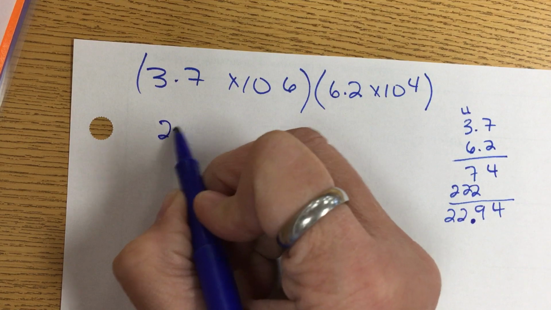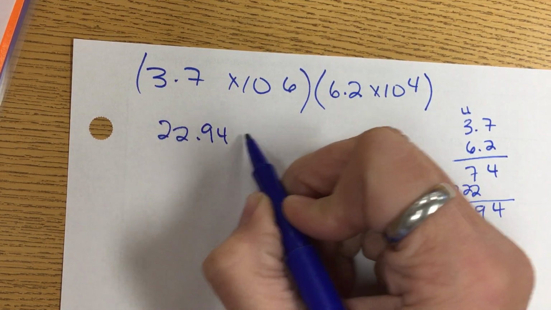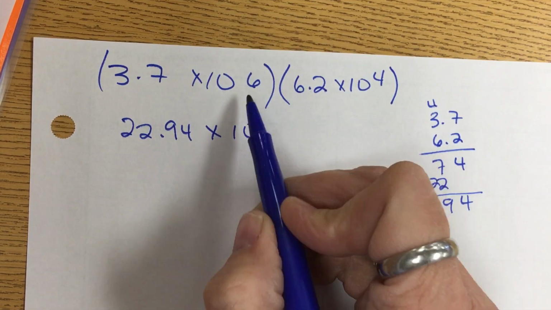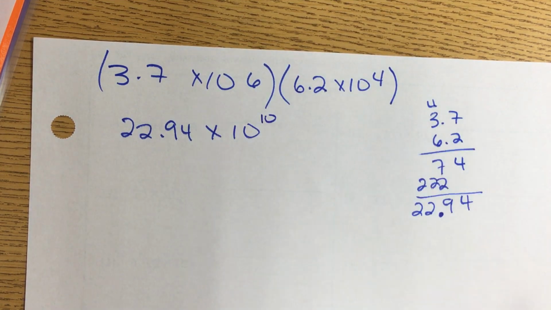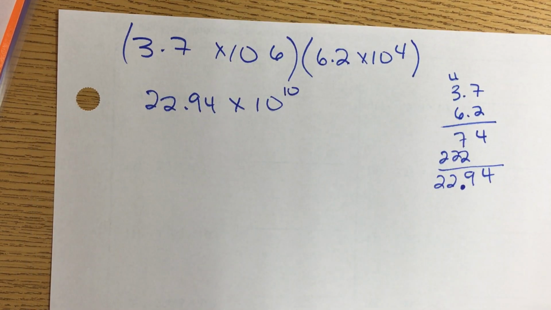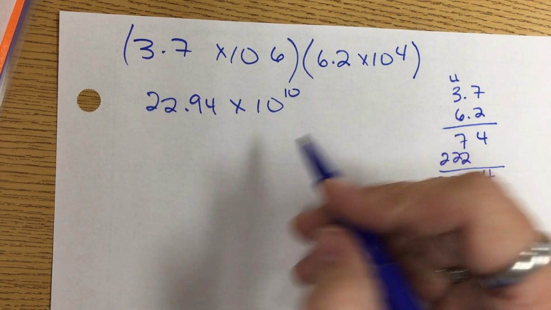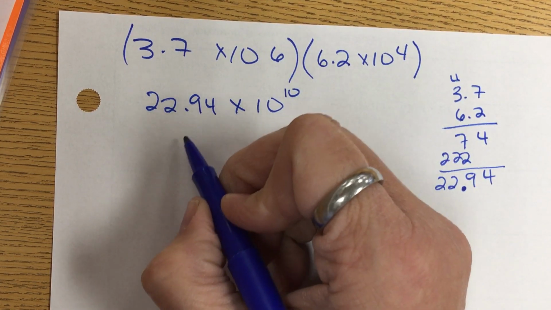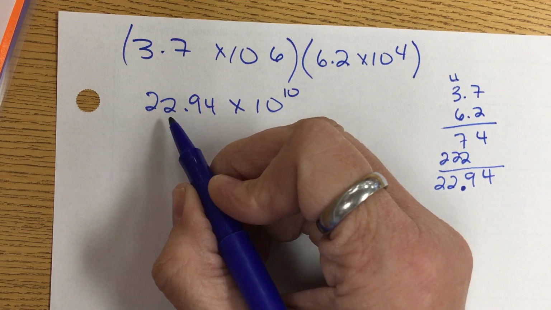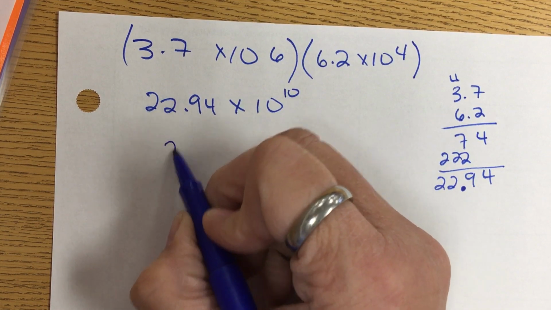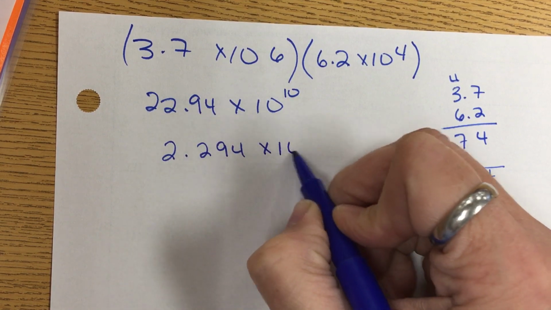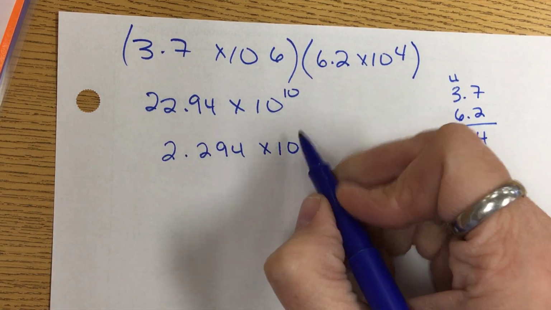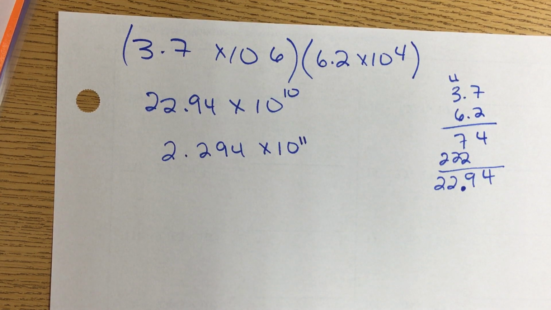So 22.94 times 10 to that, and then I add my exponent, 6 plus 4. So that's 10. Guess what? That's not in scientific notation, so I need to make it into scientific notation. So this is a big number. It's bigger than 9. So then I need to make it 2.294. I moved it 1 decimal spot, so that's an 11.